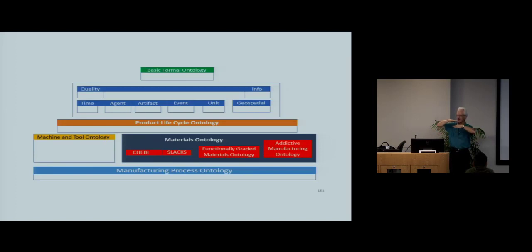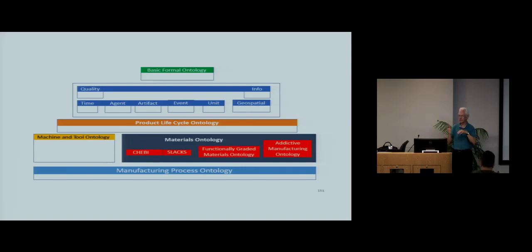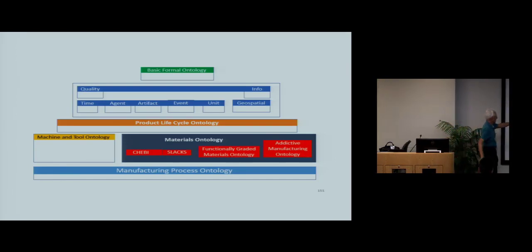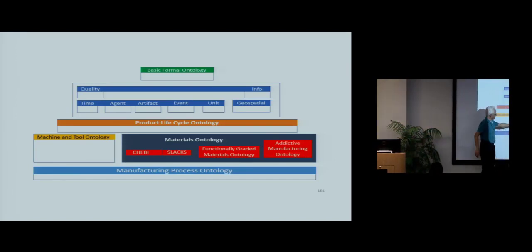And then there is laminated material, which is putting layers together with different orientations or otherwise different, so that it gets stronger or lighter or more resistant to temperature changes and so on. And ChEBI is the chemistry ontology, which was developed as part of OBO.